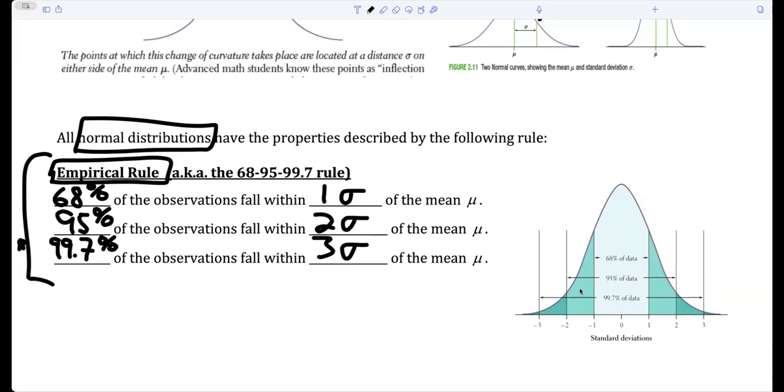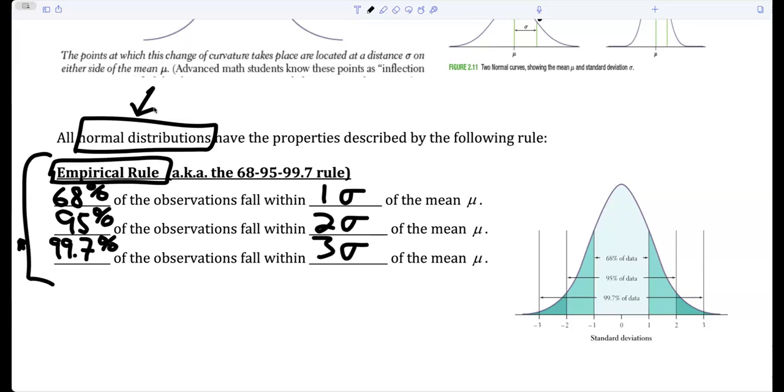And 95% will be within 2 standard deviations, and 99.7% will be within 3 standard deviations. And that is if it is a normal distribution. That must be the case. And there are a lot of things in terms of what we are going to look at in general applications in life that are normally distributed.